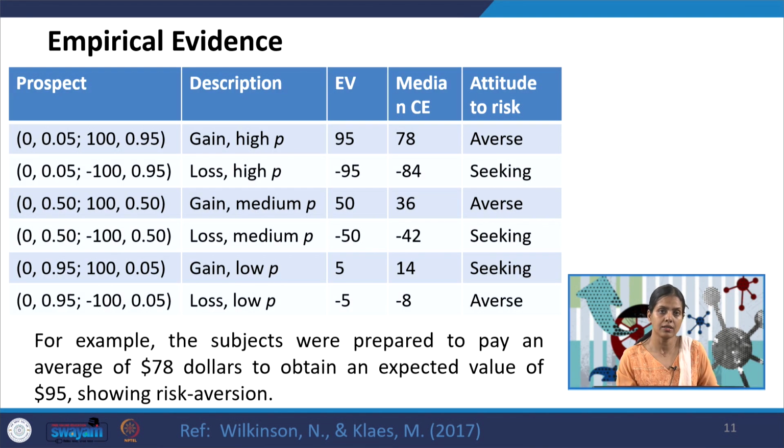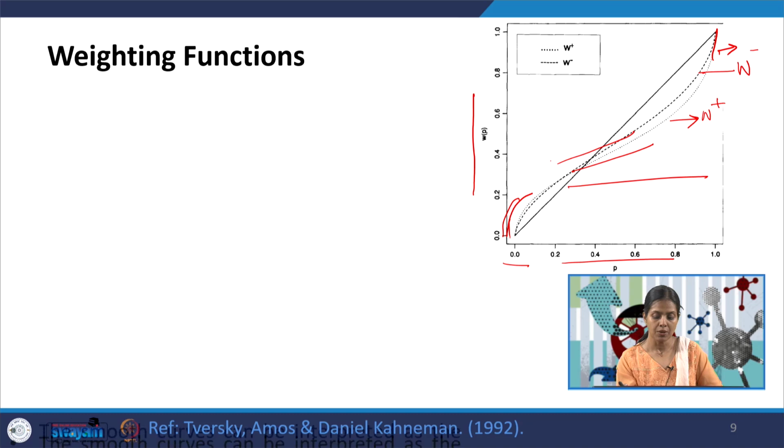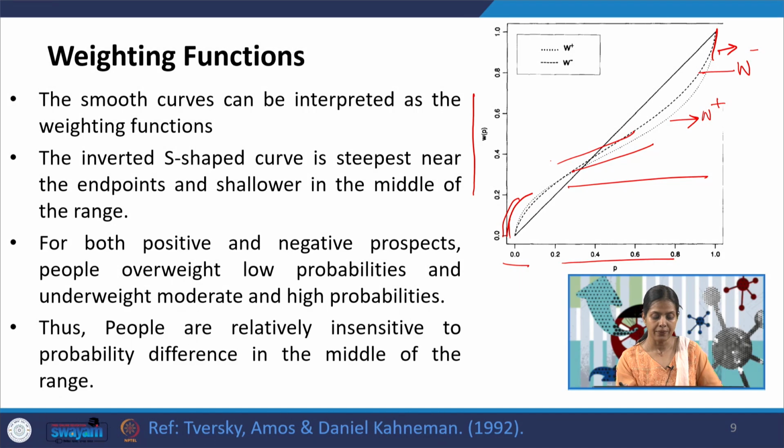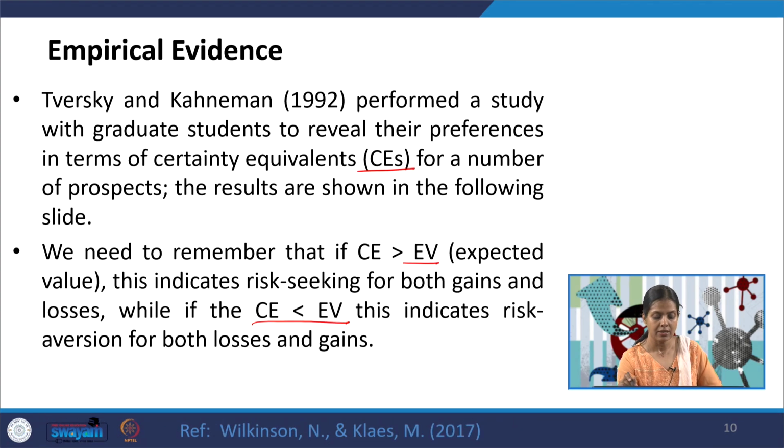This table contains the empirical evidence. We have prospects here, followed by descriptions, then expected values, then the median values of certainty equivalence, and attitude towards risk. You may recall from the previous slide that when CE is greater than EV, that indicates risk seeking for both gains and losses.